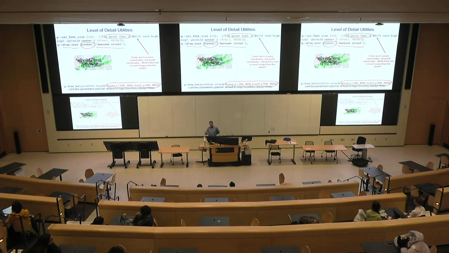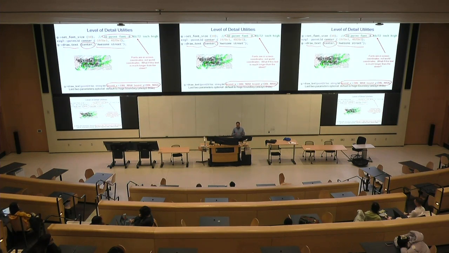So if you go look at the source code for draw text, you'll see we've given default values to these last two parameters, which means you don't have to specify them. Okay, these last two parameters are an X bound and a Y bound. What those bounds are is if the text is going to occupy more than that amount of space on the screen, okay, so if you're drawing in world coordinates, then my logical coordinate system for this assignment would be meters on the surface of the Earth.